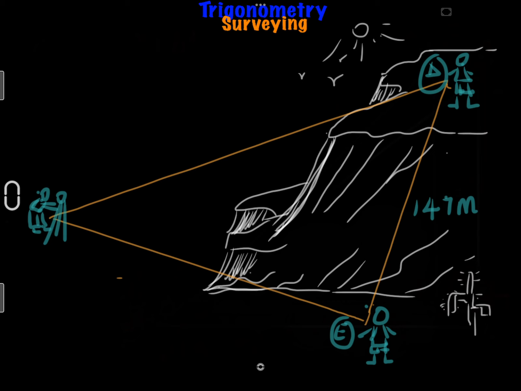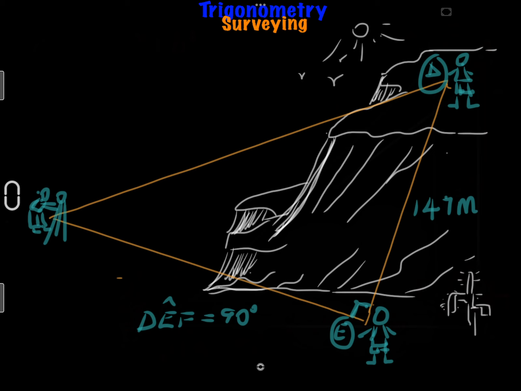And then we look at the distance. Now it says here, the surveyor stands at F in such a way that the angle DEF is equal to 90 degrees. I'm going to have to write that down. Okay, in other words, this angle here is 90 degrees.